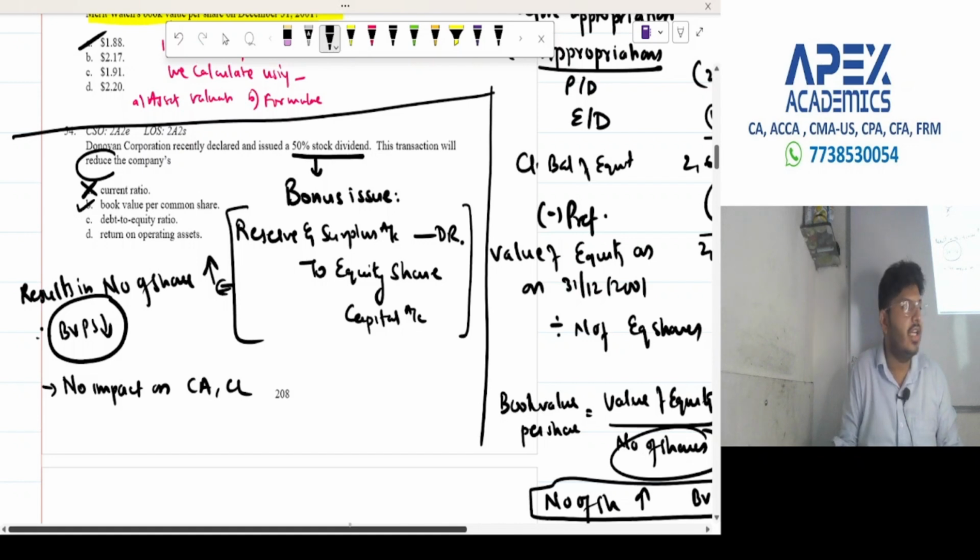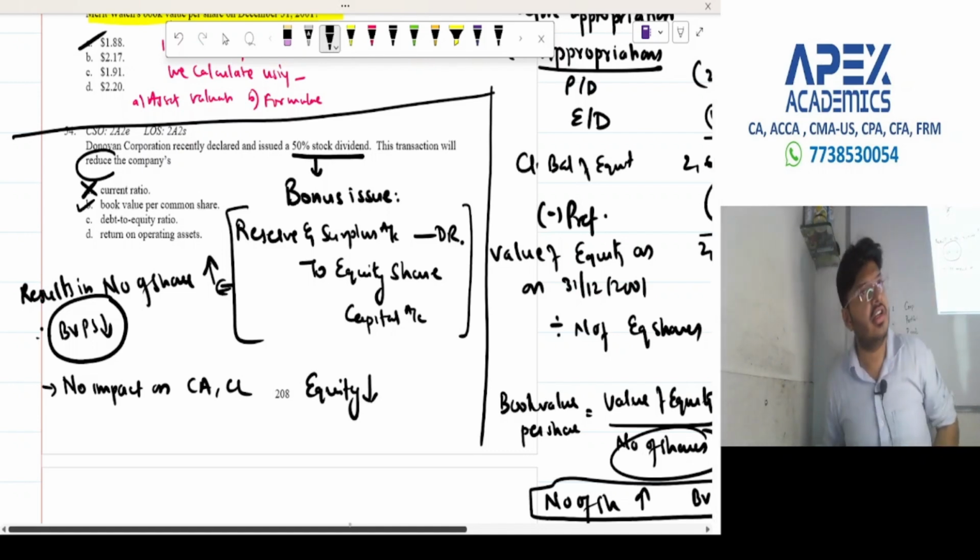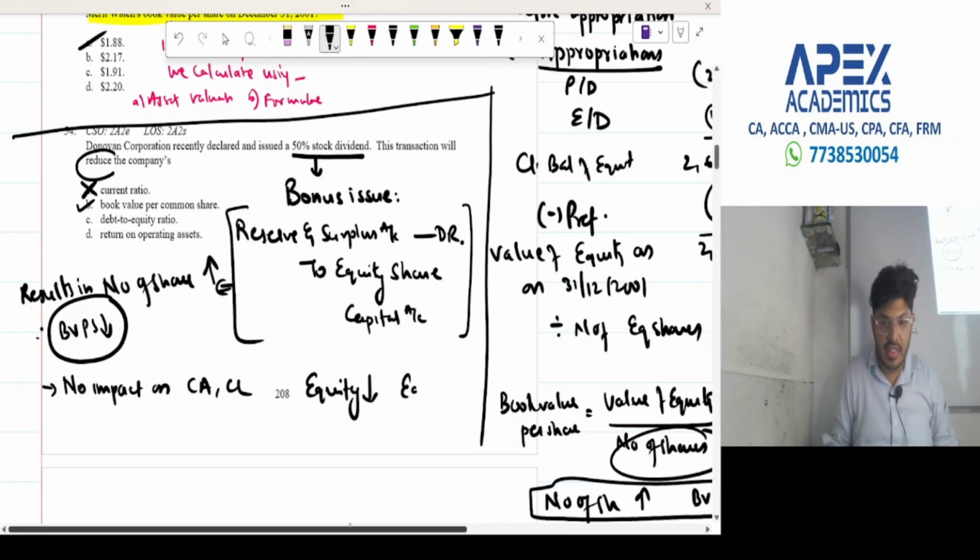Sir, debt to equity ratio. Now focus on this very, very clearly. Sir, reserves getting debited means equity has reduced. Agreed or disagreed? Reserves are a part of equity, and if reserves are debited means equity is reduced. Agreed. Sir, equity is credited over here means equity has increased.